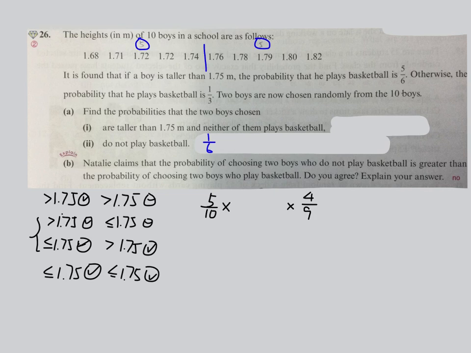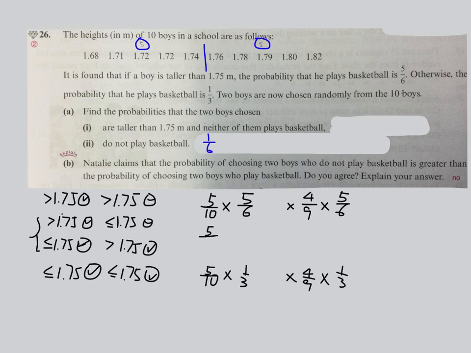And then for greater than 1.75, playing the probability is 5 over 6. And then the last case, first is the same pattern, 5 over 10, 4 over 9, playing the probability. All of them are 1 over 3.